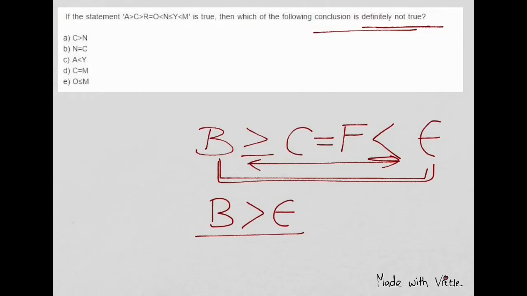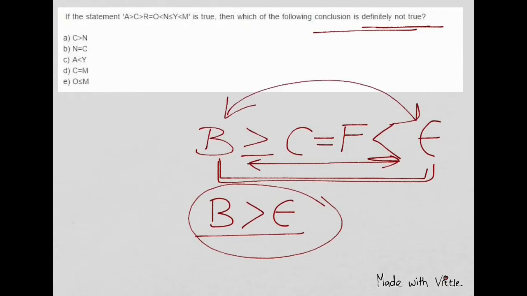Whenever there is no relation between them, how is there no relation? Because you can put anything for B greater than or equal to C, for example 6, and then if you put 5 here, and then F becomes equal. But for E, it is greater than F. The relation between F and E is just that E is greater, so you can put 6 also.